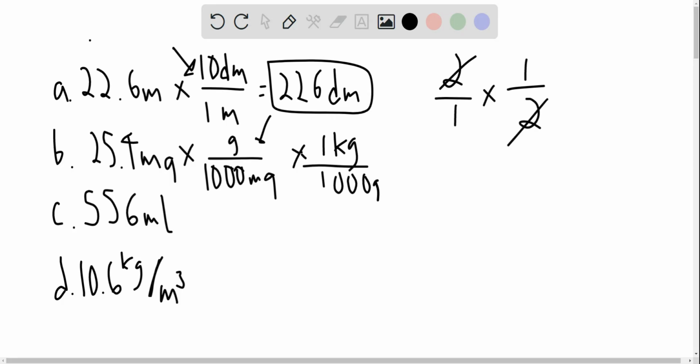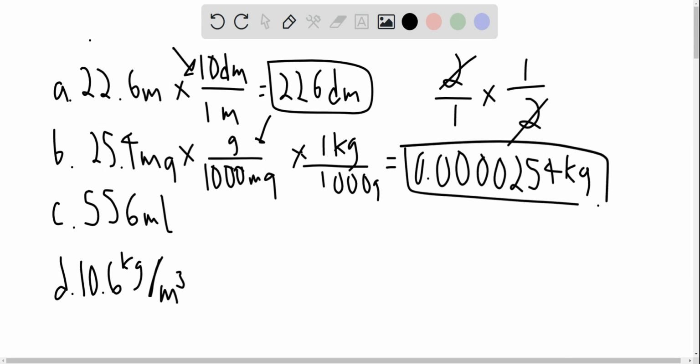Again, you want the grams unit on the bottom so you can cancel it out. Now you can just plug this into your calculator and you should get quite a small number: 0.0000254 kilograms. Pretty easy.